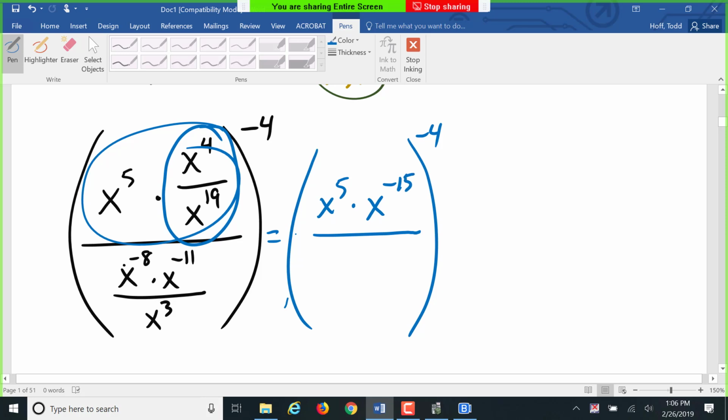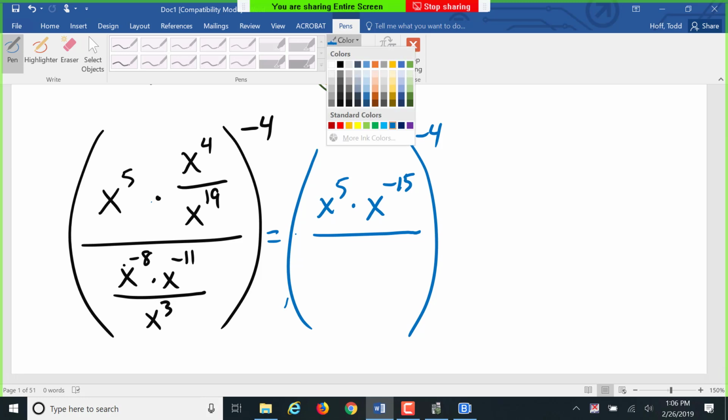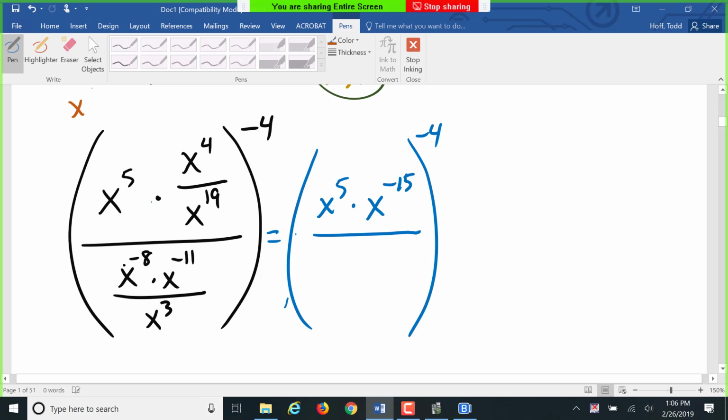Now I sometimes get asked, well, isn't this multiplication and then division, and don't they happen at the same time? They do normally. If it was written out as x to the 5th times x to the 4th divided by x to the 19th, then we would go left to right on it. But since it's with the fraction bar, that fraction bar implies that division has to happen before the multiplication.